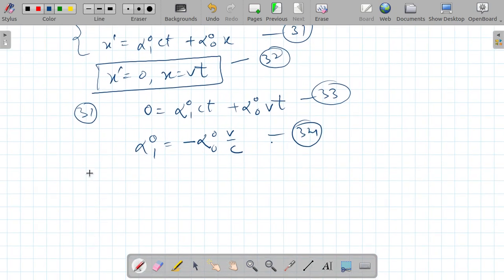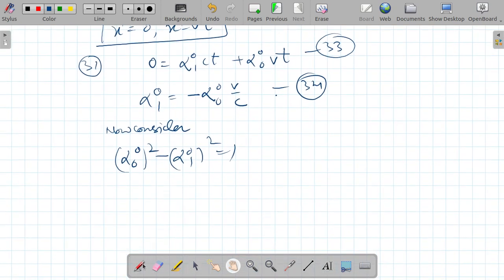So now consider alpha 0 0 whole square minus alpha 0 1 whole square, it is equal to 1, and it is alpha 0 0 whole square minus, I substitute its value here.